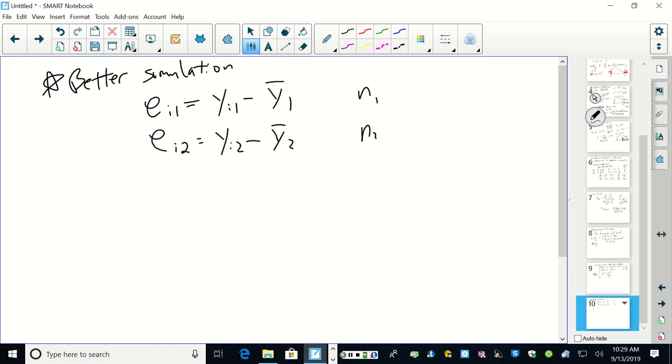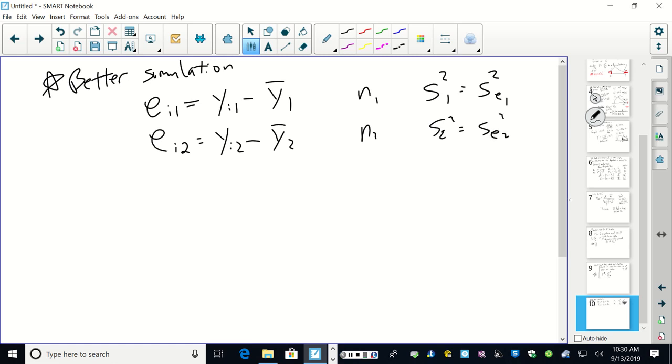The variance of these, so S1 squared, is equivalent to SE1 squared. If you do the sample variance on the y's, or the sample variance on the e's, they're the same values. The first thing you do in calculating this is subtract the mean, so it's just shifting everything over, so it's still the same spread value. Right? S2 squared equals SE2 squared.